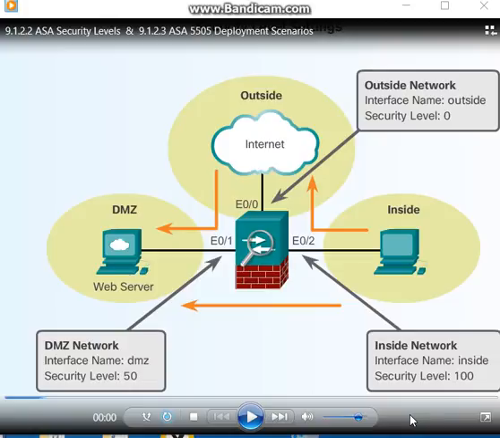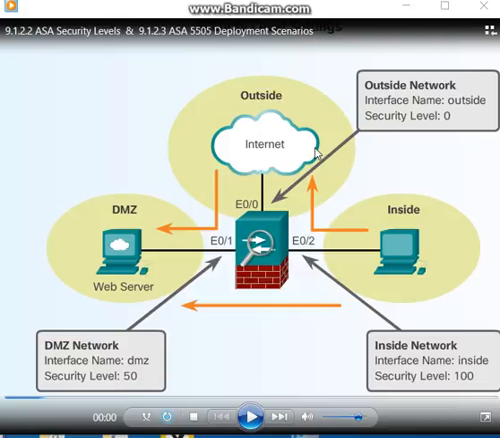So you see in these pictures, this is an example. The assigned level 100 goes to the most secure networks, such as the inside network, while the outside network connected to the internet can be assigned level 0.